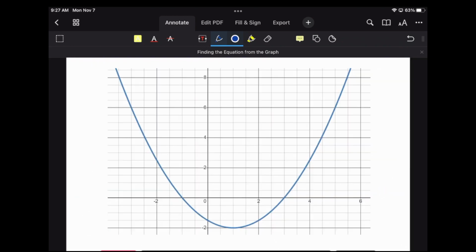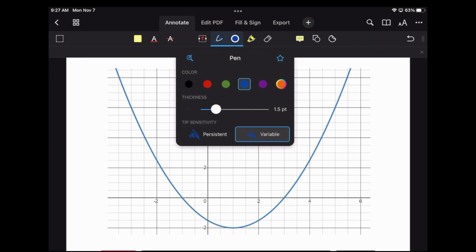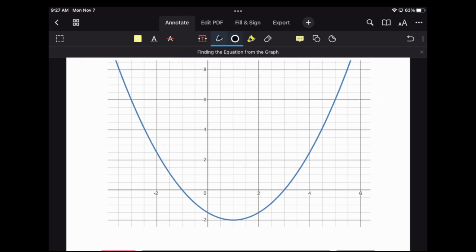Let's take a look at our second example, and this time I want to practice using vertex form. It honestly doesn't matter which form you use, as long as you have an easily read vertex and/or easily read x-intercepts. If for some reason the x-intercepts were kind of in between and you really couldn't tell the exact values, then they would not be a good way to solve this problem.